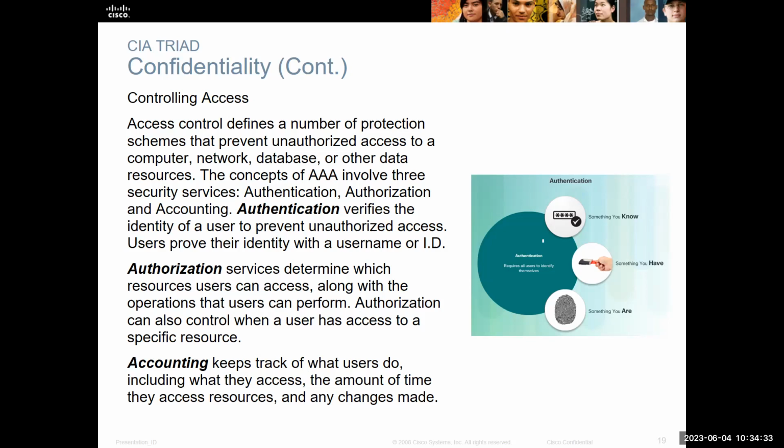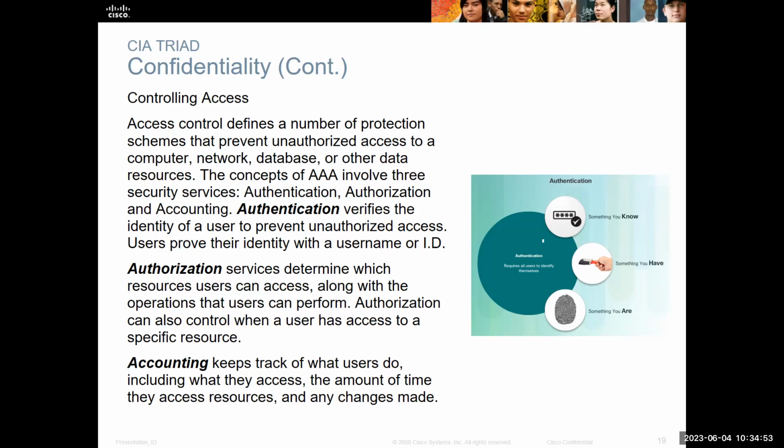Okay, that is authentication. And in authentication, you can actually have so many things. It could be something you know, that is your username or password, or something you have, like a swipe card.